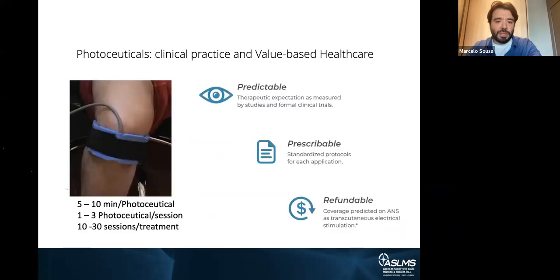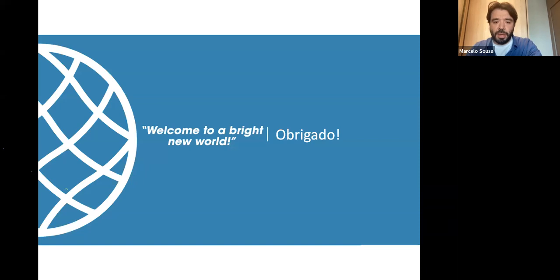personalize those emissions. And right now we did it around 14,000 times that those types of photoceuticals were emitted, and we have clearance here in Brazil, and in the next few years we will seek clearance in the United States too, and Europe.